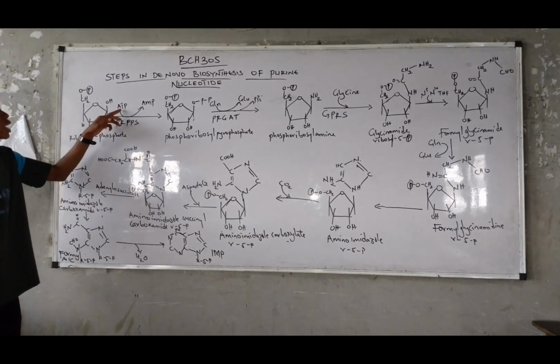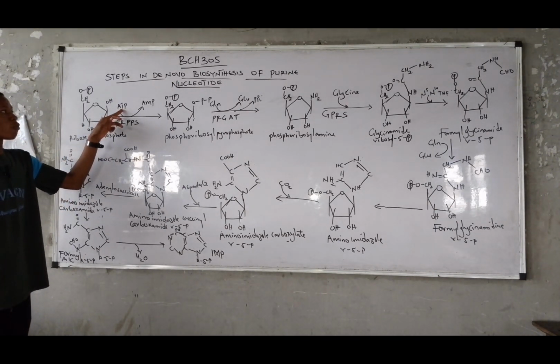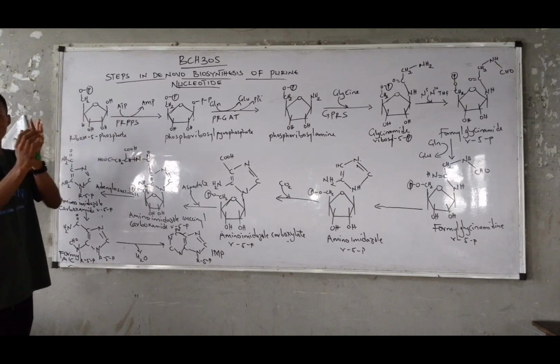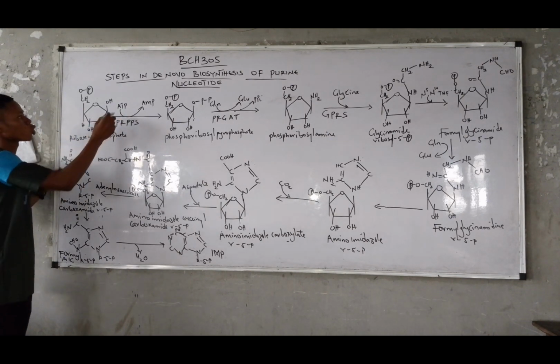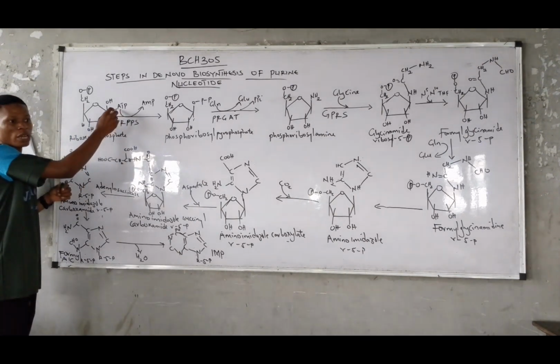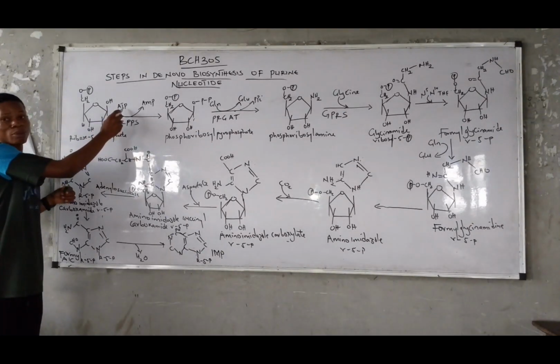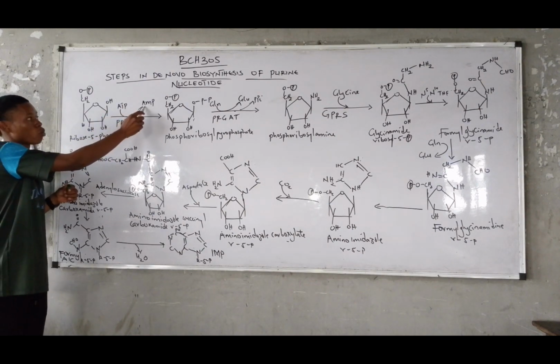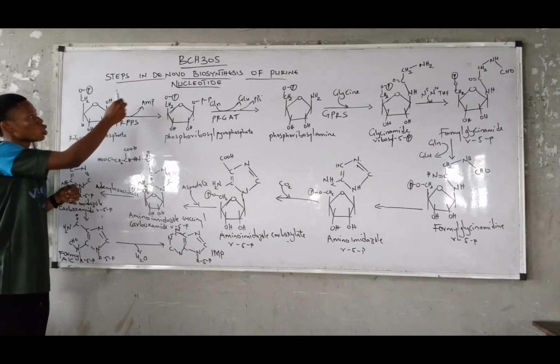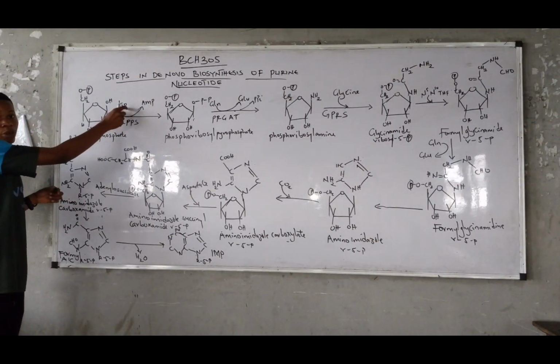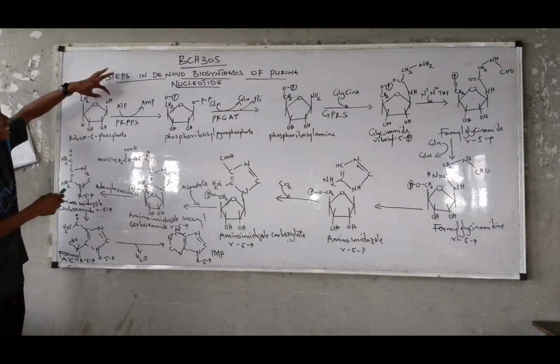Now, we transfer a pyrophosphate. Pyrophosphate means two phosphates attached, right? If I remove 2 phosphates from ATP, remember ATP is adenosine triphosphate, how many are left? 1, right? So that's why we are giving out AMP. So I took the 2 phosphates from ATP and attached them here.